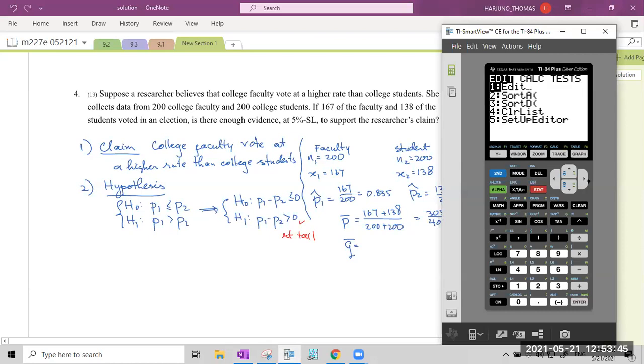So stats, 2 proportion Z test. X1 is 167 and N1 is 200. X2 is 138 and N2 is 200. And we are doing right tail test.